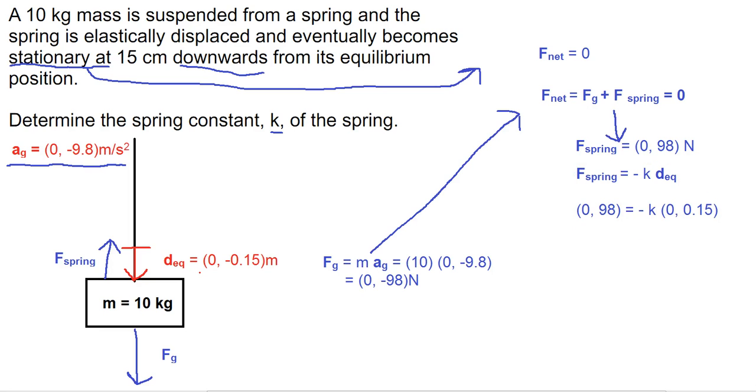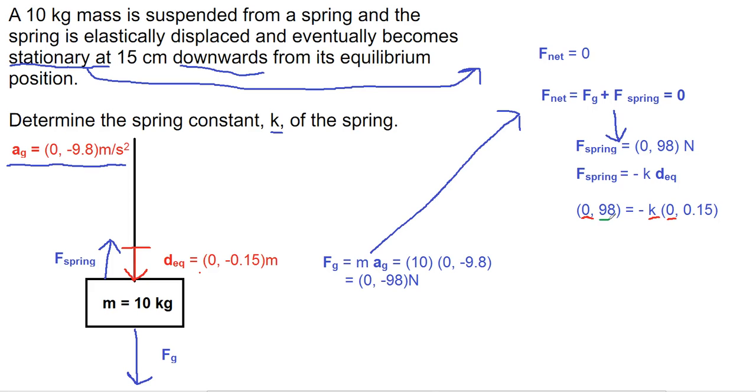Now, as always, you can split any vector equation up into x parts and y parts. So the x parts here, you'll have 0 is equal to k times 0, which is not particularly helpful. It doesn't really matter. You won't get anything useful out of that.